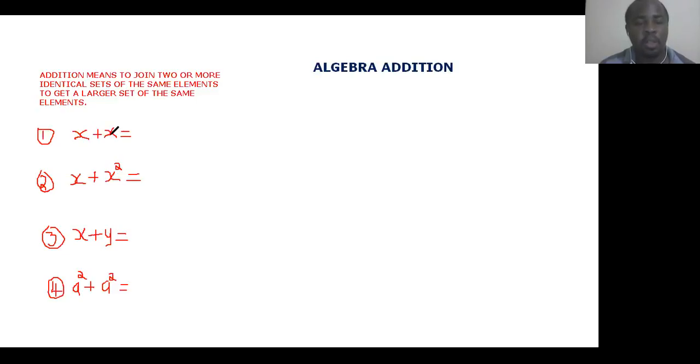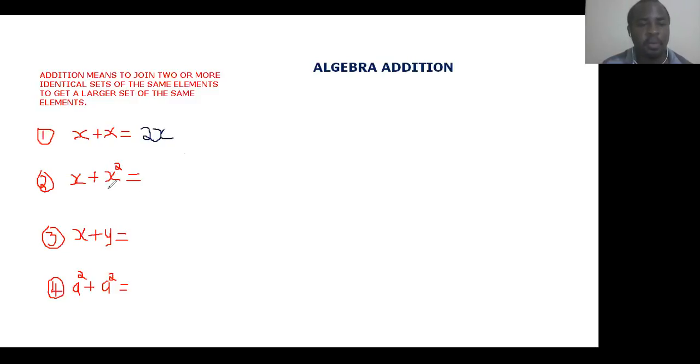And as a result, we can join these two sets together to get a larger set. So if we have one set of x, and we want to join that to one set of x, that will give us two sets of x's. You guessed that right.